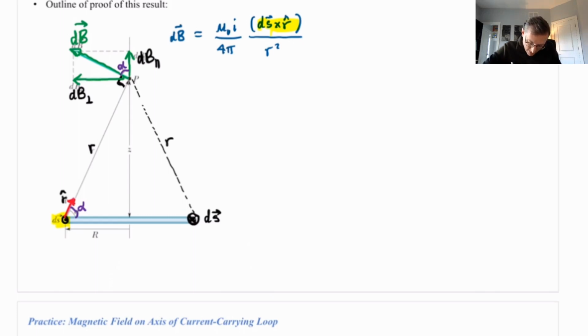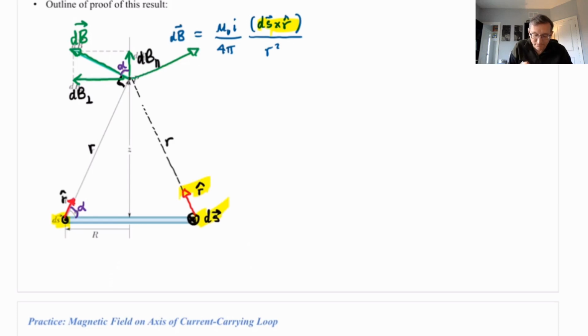And the corresponding r hat would be that. And think about the dB from that little element. What I contend is that it has to be perpendicular to ds and r hat, this ds, which is pointing into the screen, and this r hat, and in the direction of the right-hand rule for ds cross r hat.